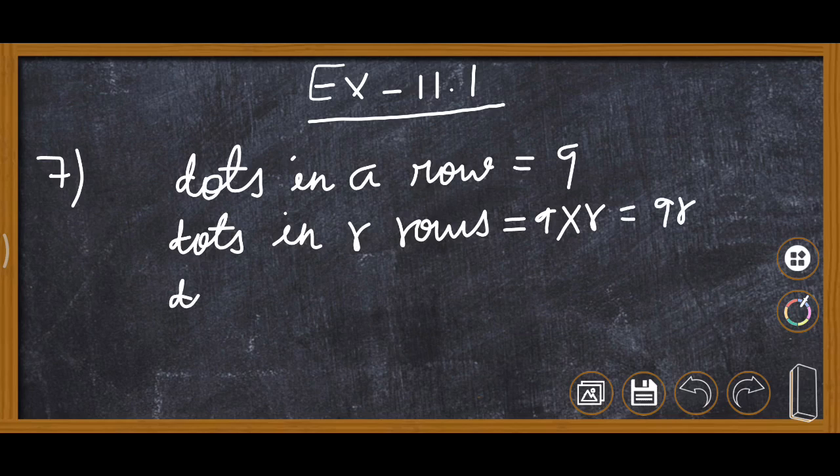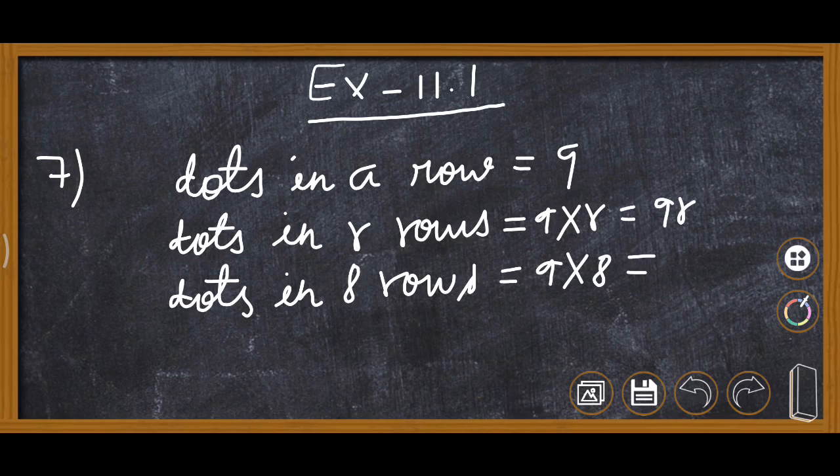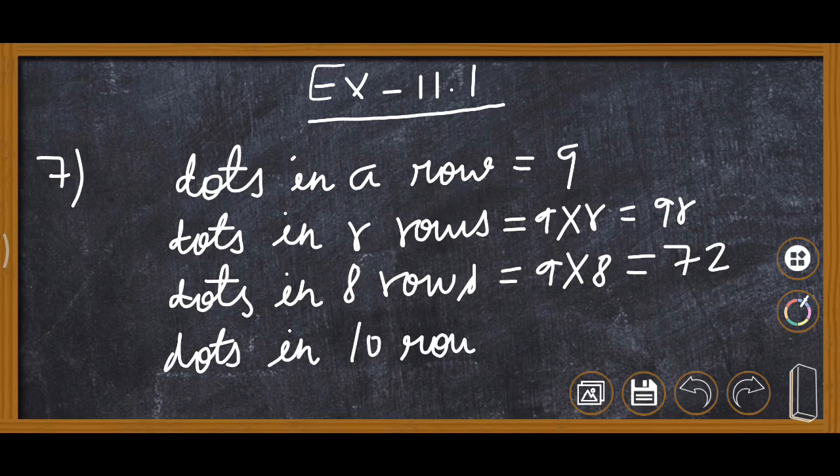Then dots in 8 rows: we will multiply 9 by 8, 9 eights are 72. And dots in 10 rows: we are required to find 10 rows. Then 9 multiplied by 10, it is 90.